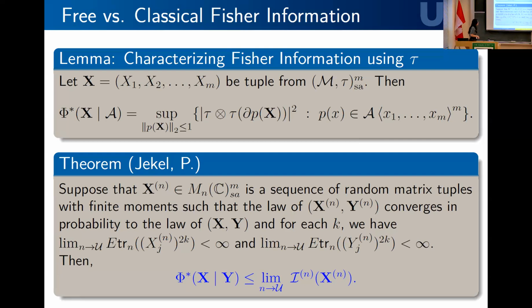Okay, and then I have finally this relationship between the free Fisher information and the classical Fisher informations. If I take any sequence of random matrix tuples so that the law of xn yn converges in probability to the law of xy, and then I have the following assumptions: all of the even moments when I take the trace and then expectation in ultralimit is finite.